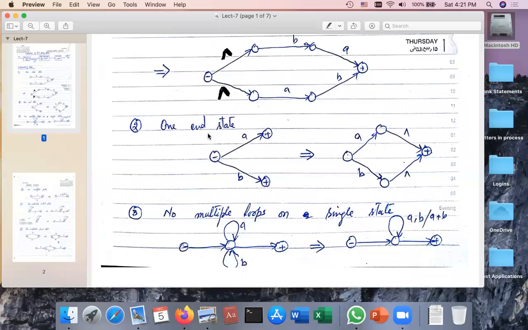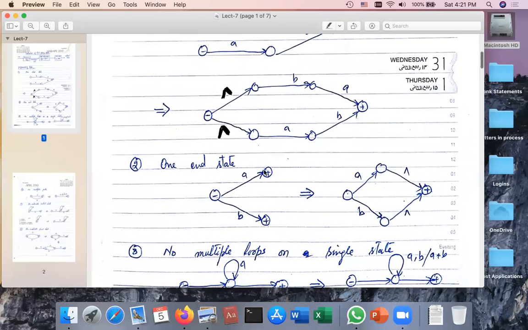And the second rule is one end state. Here it is a similar concept, but with the final states. Final states, as you are seeing, are represented with this plus sign, and here we have more than one final state. So you can do the same thing: introduce another one, and also introduce the null transition towards this newly generated final state.